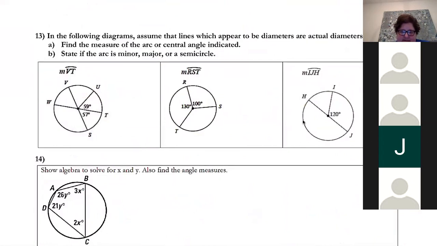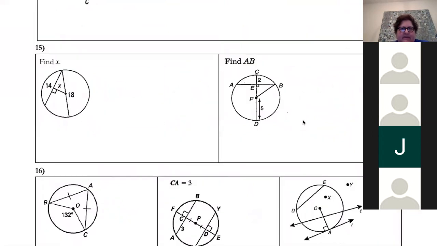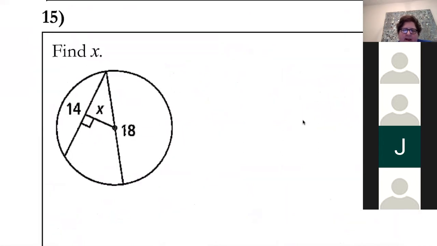All right, so number 15. You're looking for x, which is representing the distance from the center to the chord. And so first thing, we need to know that because 18 is the whole diameter, that means that our radius is going to be 9.